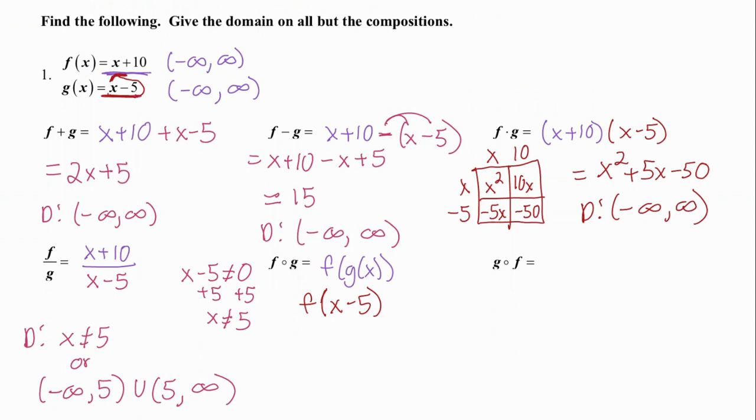Okay, so we see that f equation is x plus 10. So we're going to replace that original x with this other function, this x minus 5. So this would be equal to x minus 5, that's me replacing that x, and then plus 10.